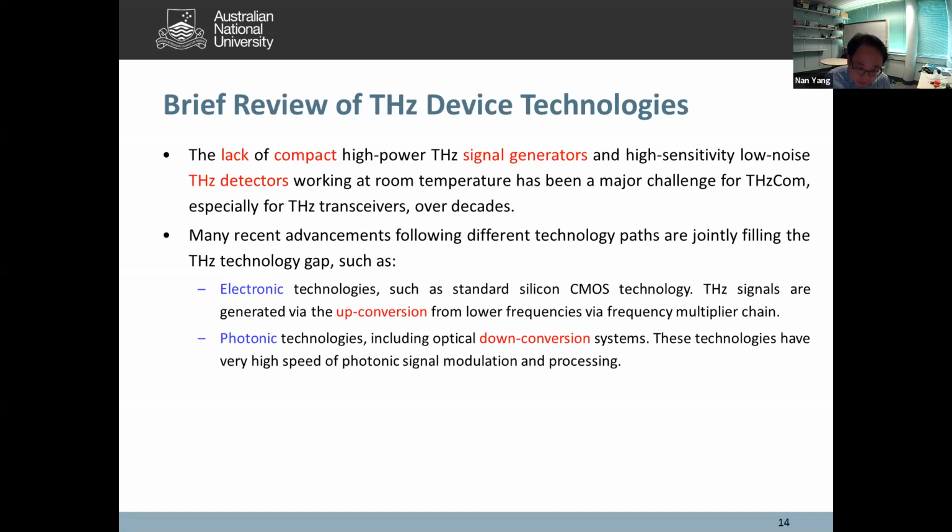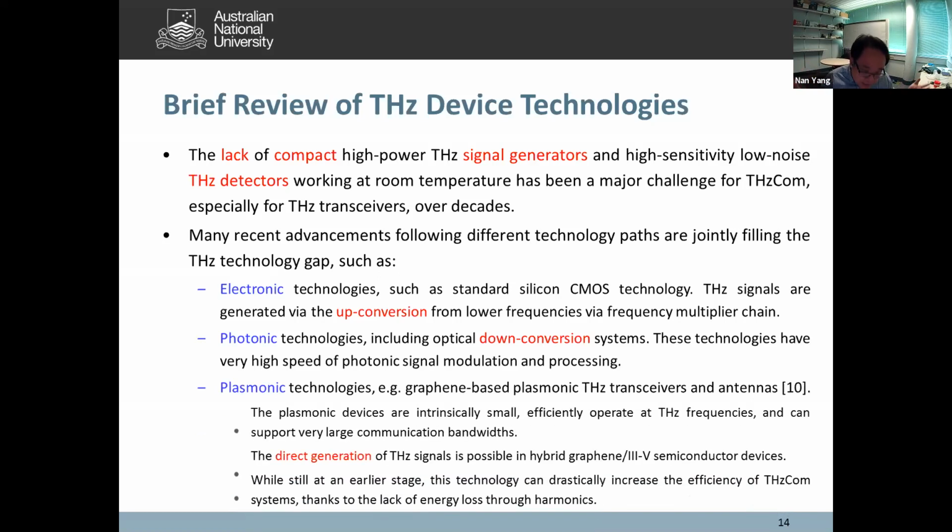And then another approach is photonic technologies. Photonic technologies generate the terahertz signals another way: they consider the optical signals and do the down-conversion to drag down the frequencies. So these are the two conventional or traditional methodologies. And apart from that, there is also another technology, which is the plasmonic technology.